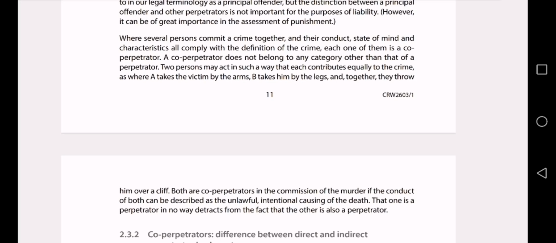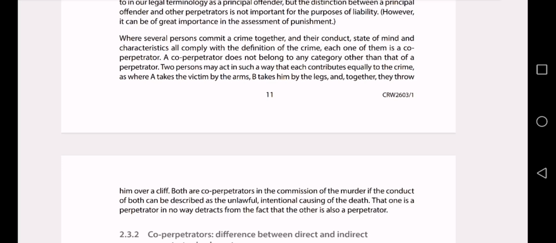Two persons may act in such a way that each contributes equally to the crime, as where A takes the victim by the arms, B takes him by the legs, and they throw him over a cliff.